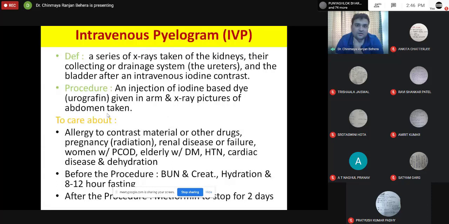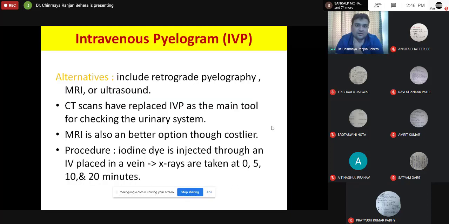The contraindications to IVP are allergy to the dye, CKD patients, diabetic patients, and pregnant patients; you don't do IVP. Other alternatives to IVP are CT scan or MRI.